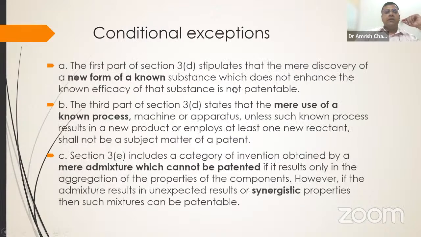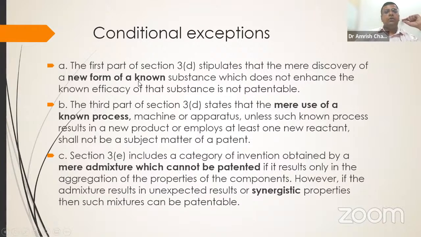Okay. And when it comes to patents, there are two kinds of things. One is conditional exceptions, and there are absolute exceptions. Okay. So when you talk of, say, a new form of a known substance, or the mere use of a known process, or a mere admixture, such things are called conditional exceptions. So the government of India says that section 3D and 3E, they cannot be patented.